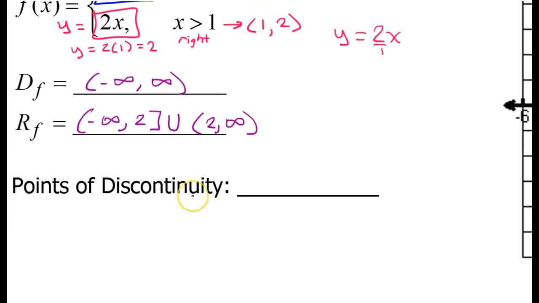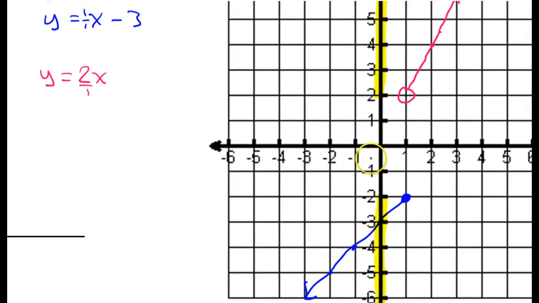Now, points of discontinuity. We are talking about where the graph jumps from one value to another. So what is the x value of this break in the graph? All right, this gap. The x value is 1.